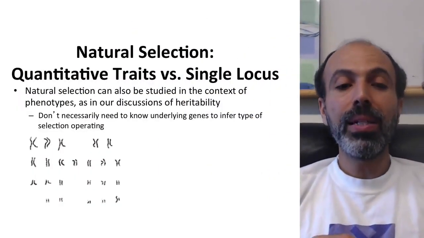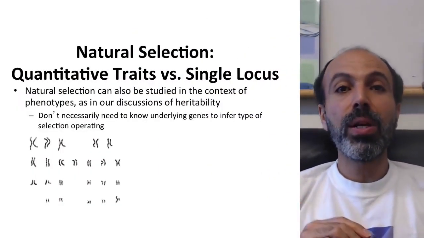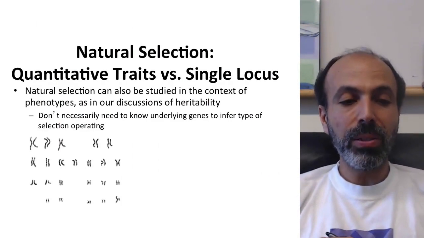Now, if you go back, Darwin, of course, didn't know anything about genetics. He instead thought of natural selection in the context of variation in traits. And that's what a lot of breeders do when they're applying artificial selection to, say, their dogs or cattle or corn or whatever they may be using. Now, natural selection can be studied in the context of quantitative traits or in the context of single loci.